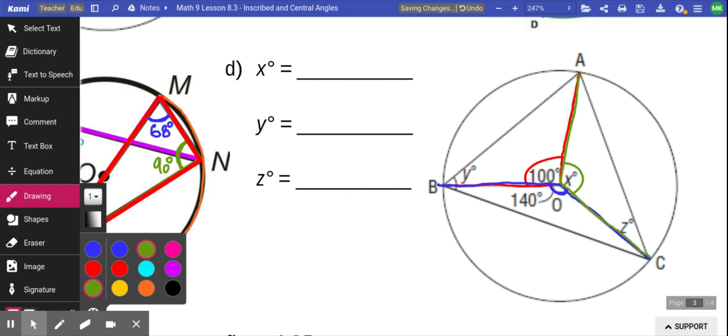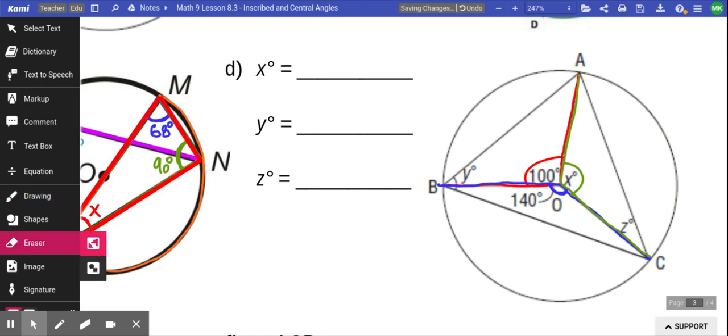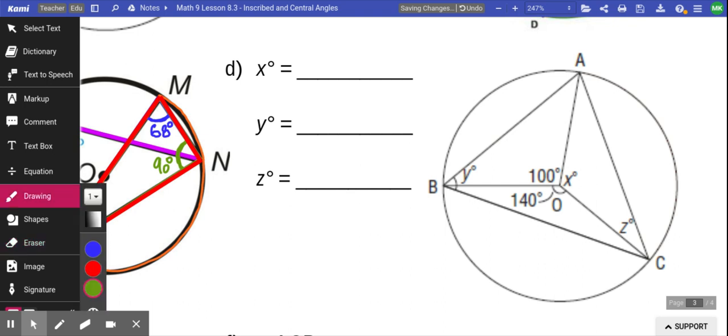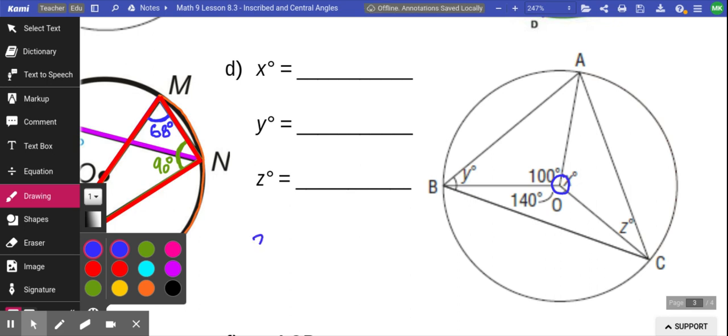Now that X is actually where we're going to start, and it comes from a trick that we haven't talked about yet this unit. We did talk about it a long time ago, but I don't blame you if you have forgotten. That trick is that if you have a circle, which we do have here right in the middle, that circle should equal 360 degrees.